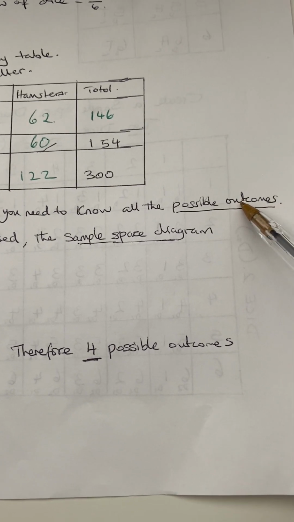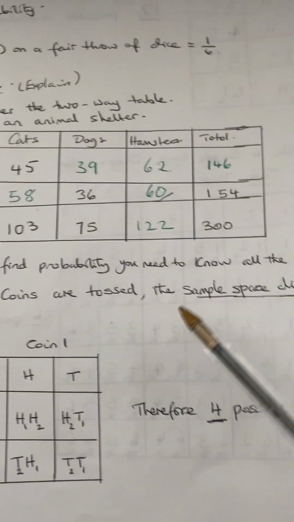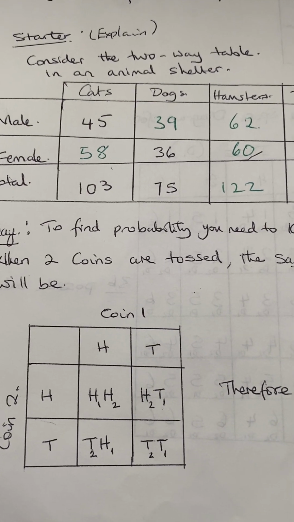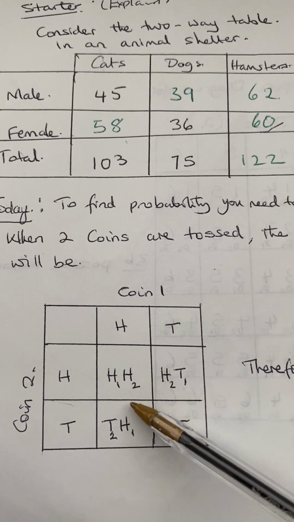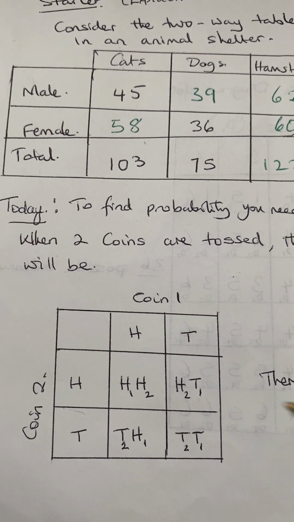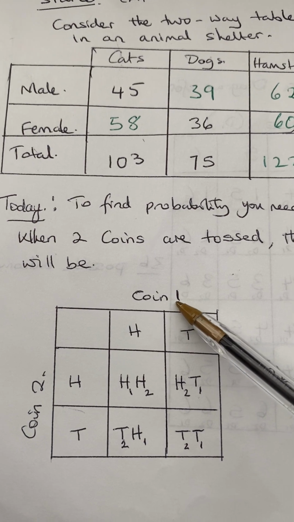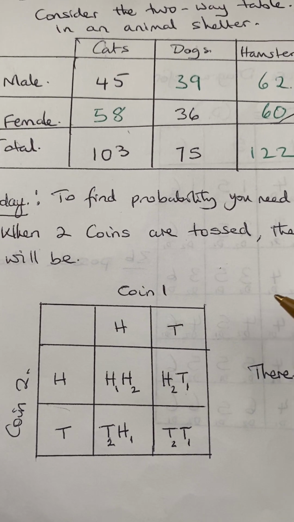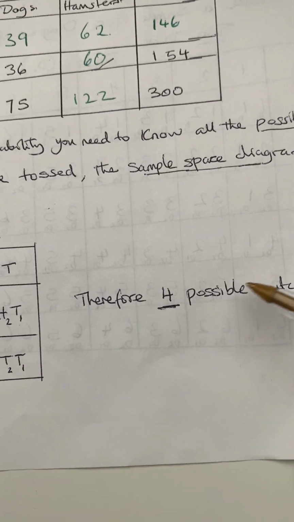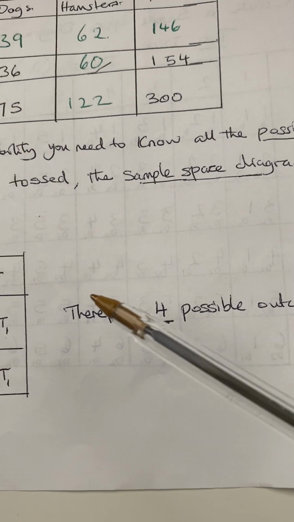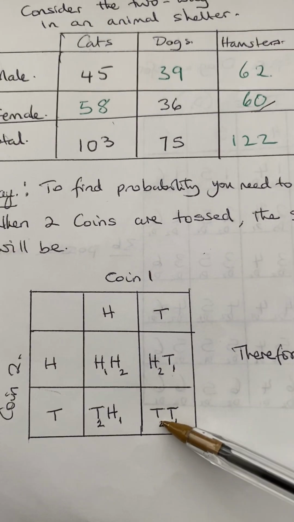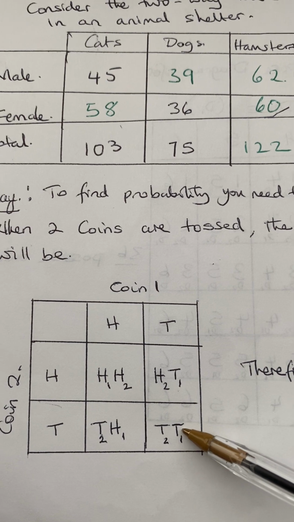But if you are throwing two coins, then you need to know the possible outcomes. This one is easy because you can do it straight away. If you throw two coins, you get four possible outcomes.